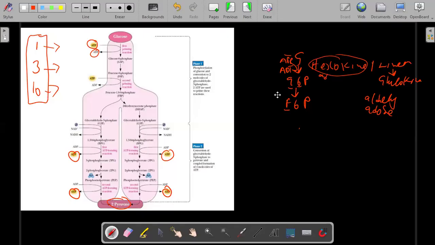So what we've done here is just convert an aldose to a ketose sugar. We've isomerized here. So these are isomers of each other, meaning the enzyme which is going to work there is an isomerase enzyme. Here we are just converting our glucose 6-phosphate to fructose 6-phosphate.